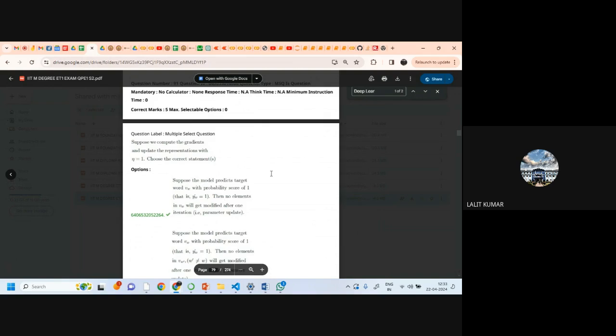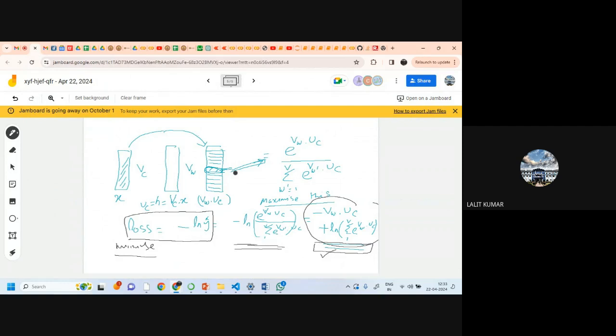Suppose the model predicts target word Vw with probability score of 1, that is y hat w is equal to 1, then no elements in Vw will get modified after one iteration. So that is true. Why is it true? Because this Vw was the word here. If its probability becomes 1, that is what we want. After that we will not update anything. Since the probability is 1, the loss will be 0, so after that we will not take any update. We know that this should come, and for the other words we have to reduce the probability and this one's probability we have to make 1. So as soon as this becomes 1, we will not update, our updates will stop.